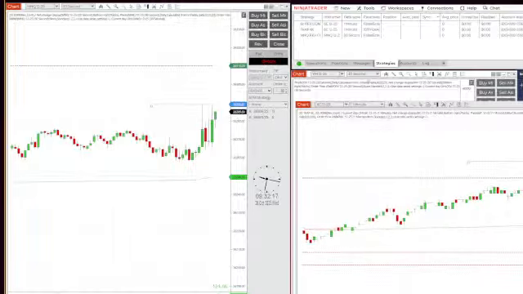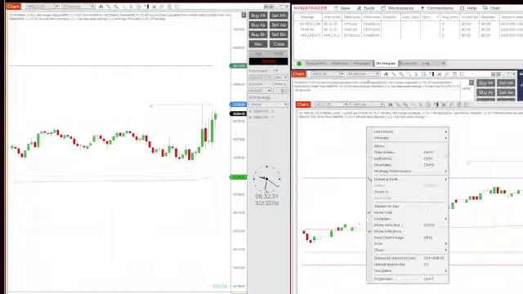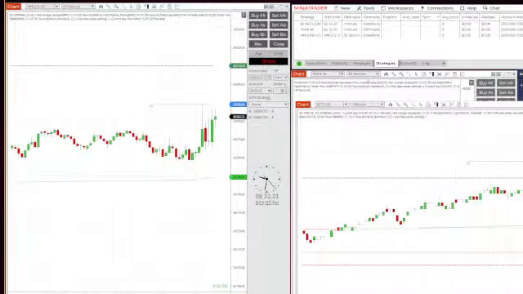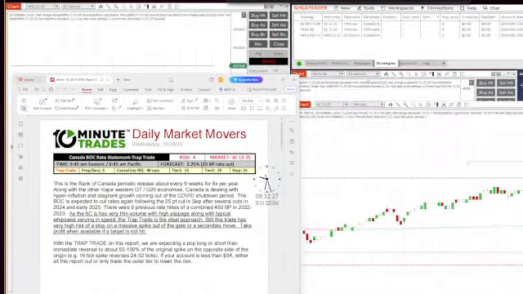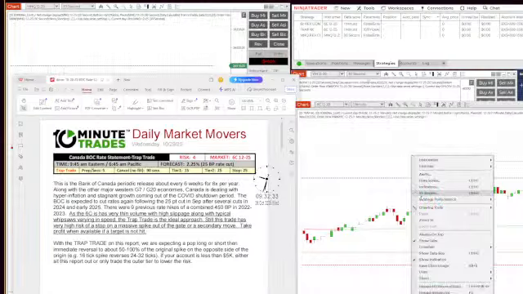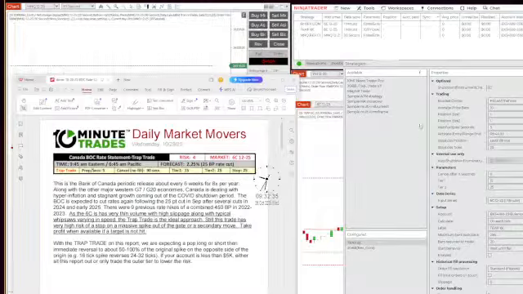We're looking at this setup, the Bank of Canada rate statement. We have a trap trade at 9:45. 9:44:55 trigger, 9:45 trigger.